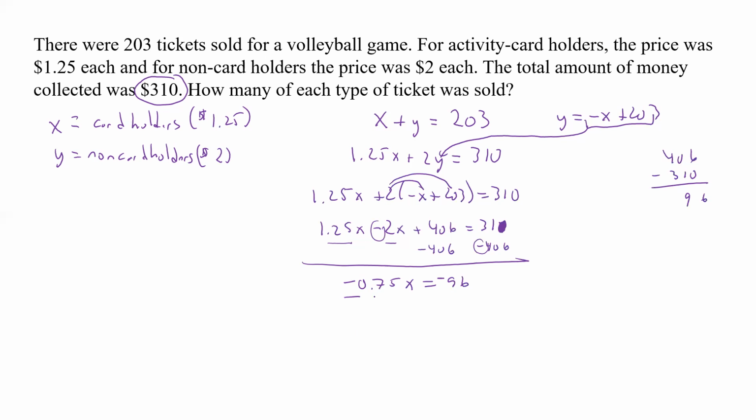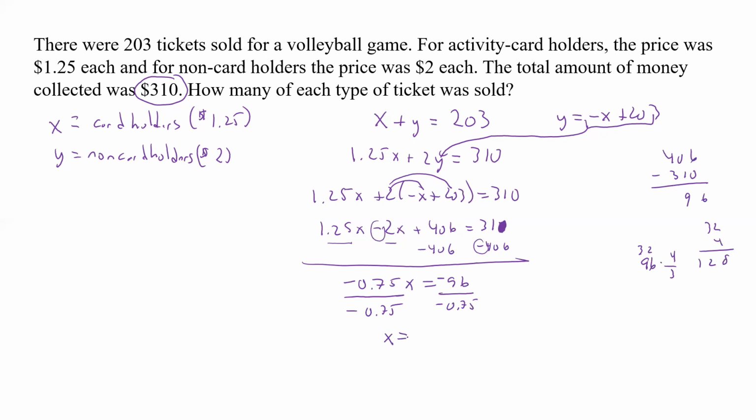Now I'm going to divide both sides by negative 0.75. That's the same thing as multiplying by the reciprocal. So this is really 3/4, and multiplying by the reciprocal is 4/3. So if I take 96 times 4/3, 3 goes into 96 thirty-two times. 32 times 4 is 128.